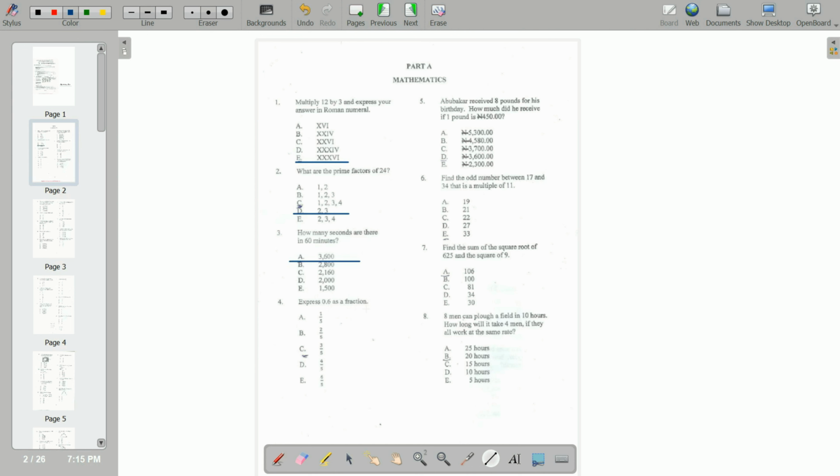Now we move to question 4. Question 4 says that you should express 0.6 as a fraction.